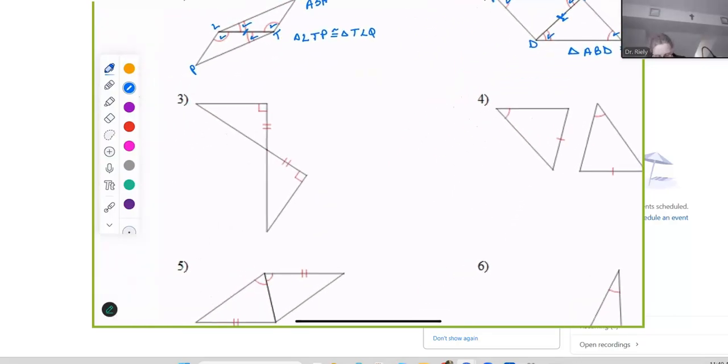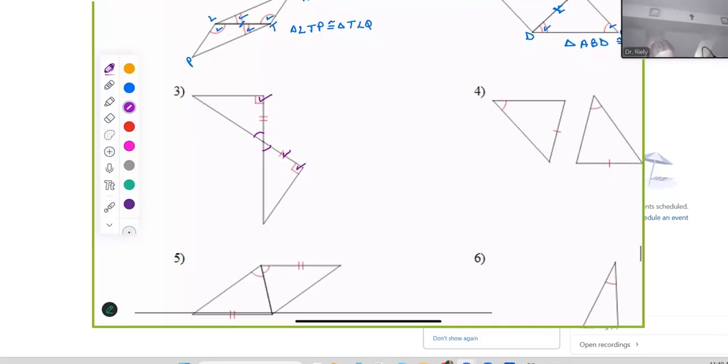Okay, remember I always say you've got to mark your vertical angles. So when I mark the vertical angles, what do I have? The right angle, they're both equal, so that's angle, side, angle.